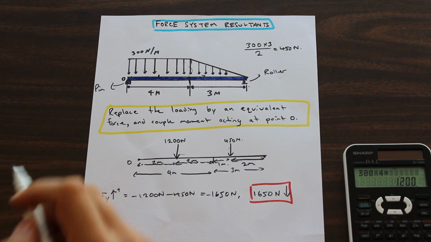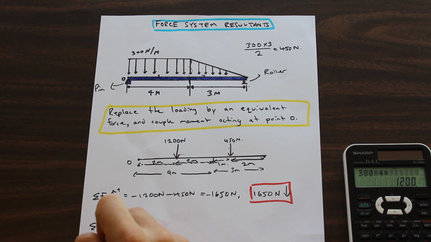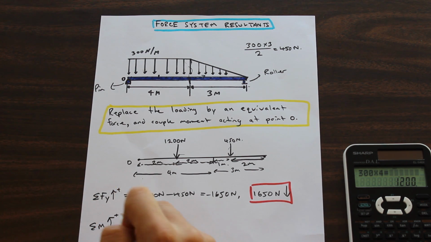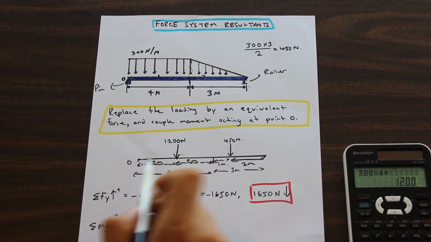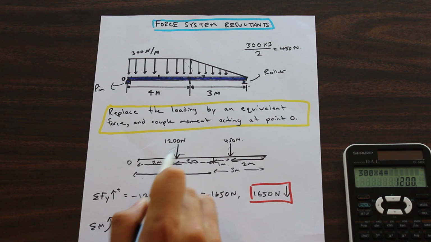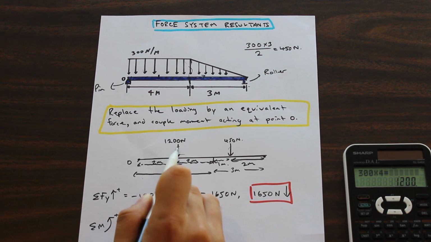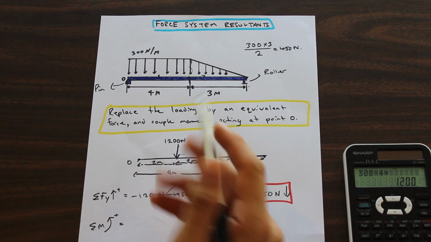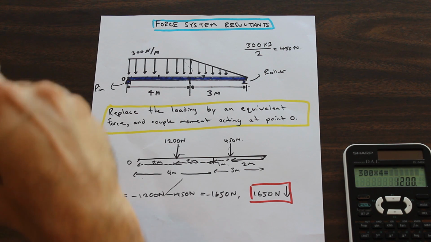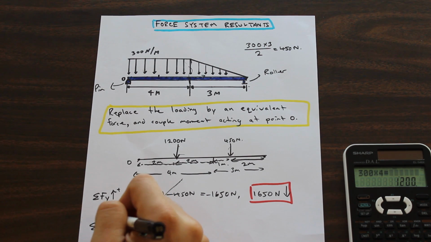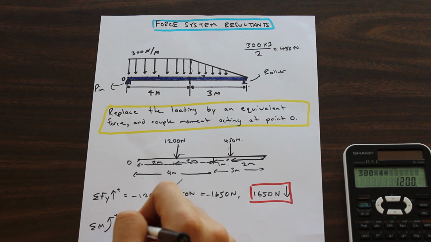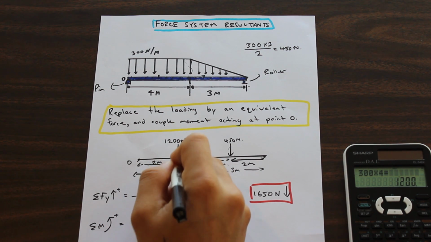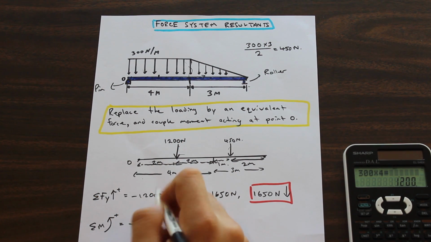So let's use our basic moment taking skills to resolve the moment at point O. At point O, we have a 2 meter distance to the 1200 newton force. As we've dictated, counterclockwise is positive, and this force is in a clockwise direction, so that's going to be negative.